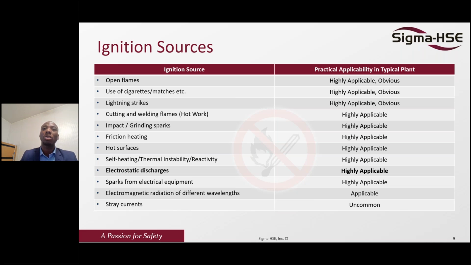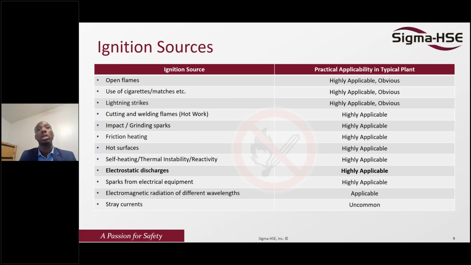A typical example is working on a wood yard or maybe a coal yard. Sometimes you can see a lot of smoke coming out, and nobody actually ignited it, it self-decomposed by itself. You have electrostatics. I don't want to go more because that is our topic for today. We have spark from electrical equipment. And everywhere you handle combustible or flammable material, you need to classify the area according to NFPA 70 Article 500, or using NFPA 497 for flammable solvents and gases, or 499 for dust.